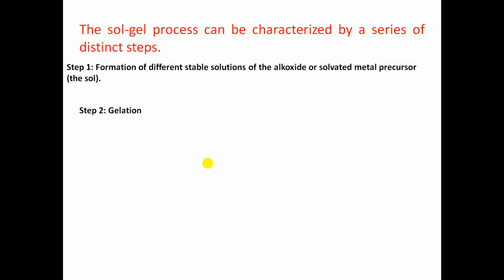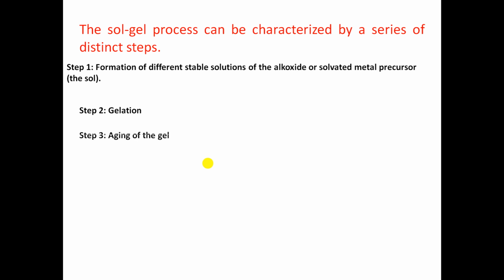Gelation results from the formation of an oxide or alcohol bridged network, that is the gel, by a polycondensation reaction that results in a dramatic increase in the viscosity of the solution so that it forms a semi-solid like material.